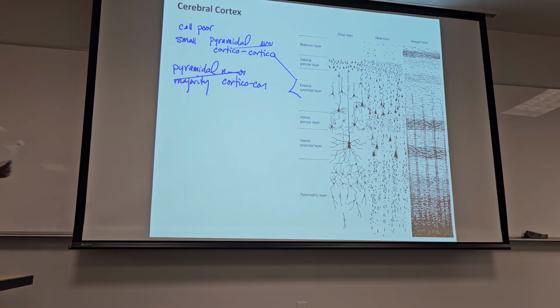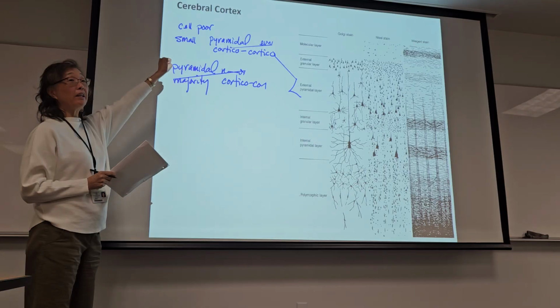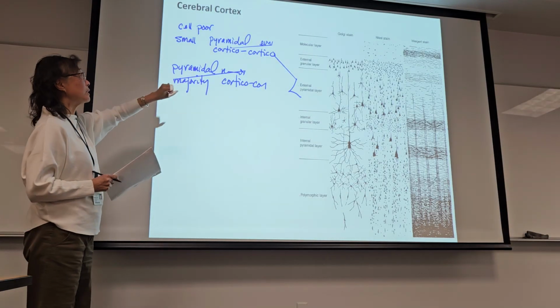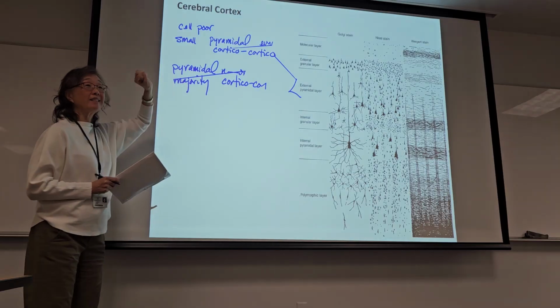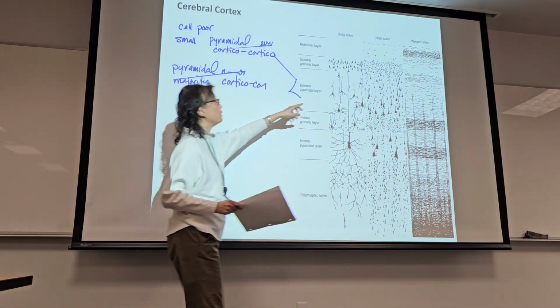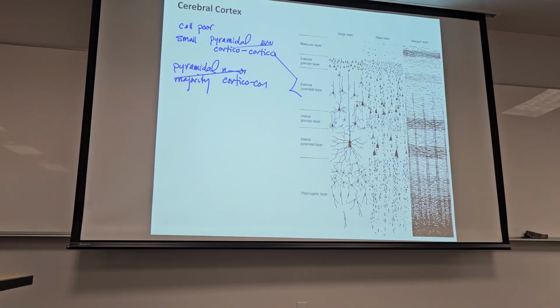So these are very similar. The external granular layer just has smaller pyramidal cells, and then the external pyramidal layer has the larger pyramidal cells, and you can see that here, right? These are smaller, these are much larger.